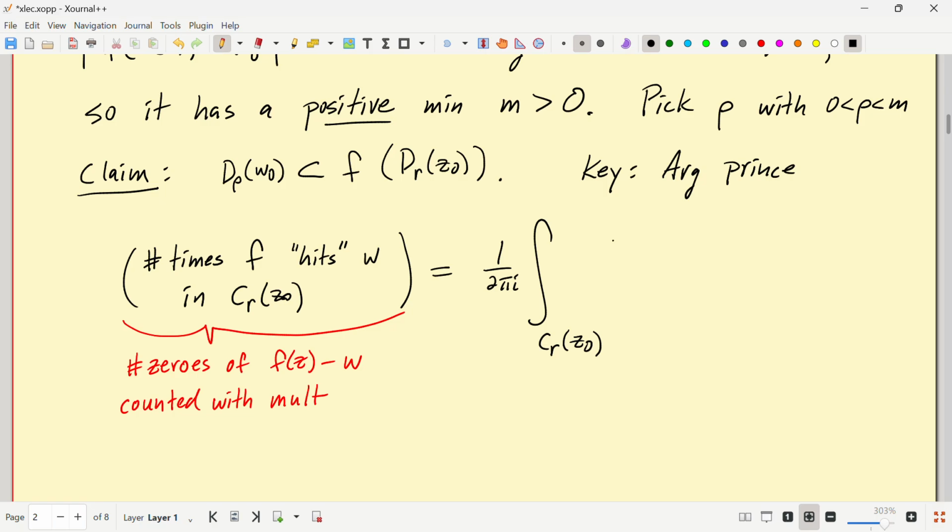In the top is f prime of z. What's my function? My function is actually f of z minus w, and the derivative of that in the denominator, because w is being held constant, is f prime of z, dz.